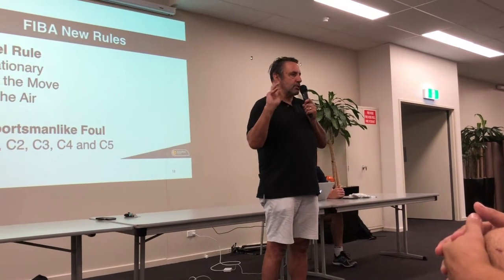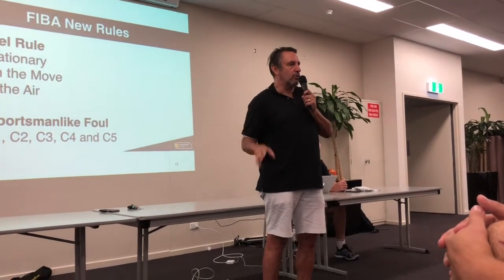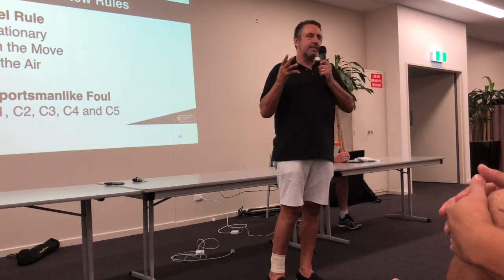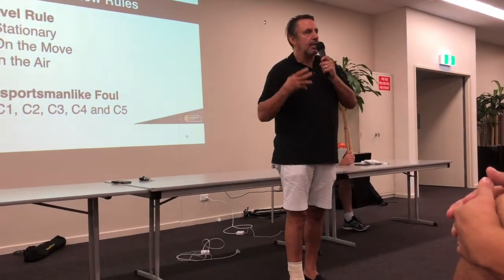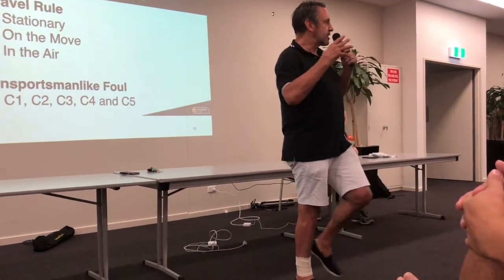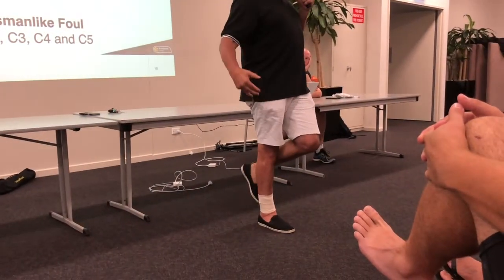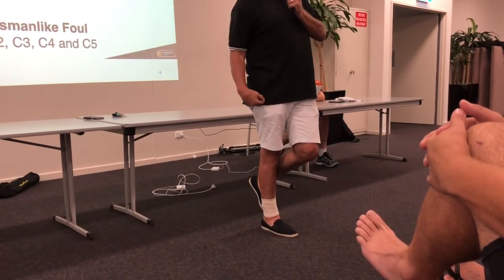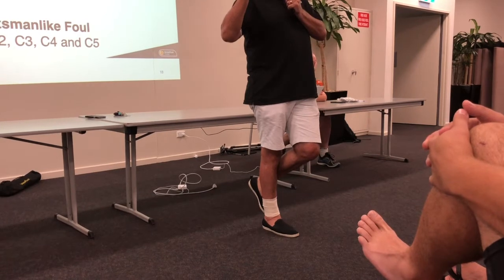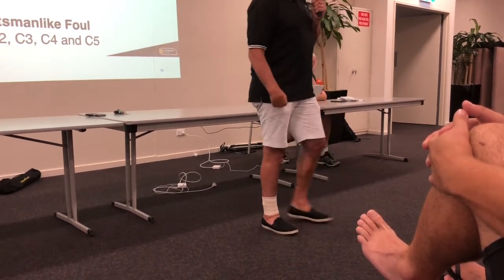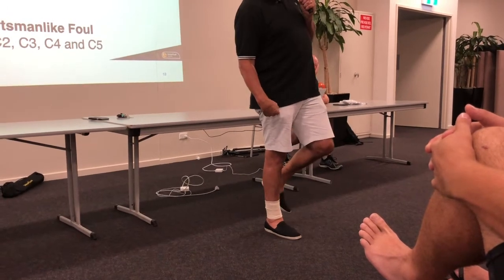Now, the two occasions when you're going to be on the move is when you're on the dribble or when you receive a pass. So let's say we receive a pass. If I'm running and I receive a pass, with my right foot on the ground, I've received the ball, I have my right foot on the ground. Previously, that would then be my pivot foot, correct? Because that was on the ground.